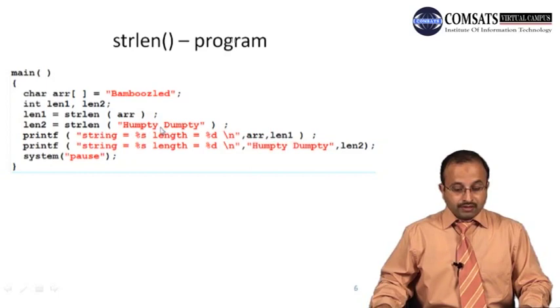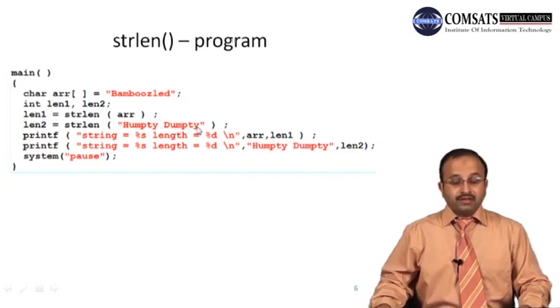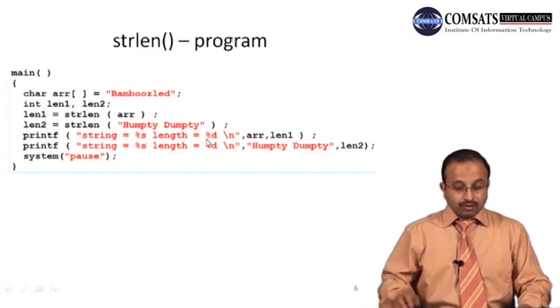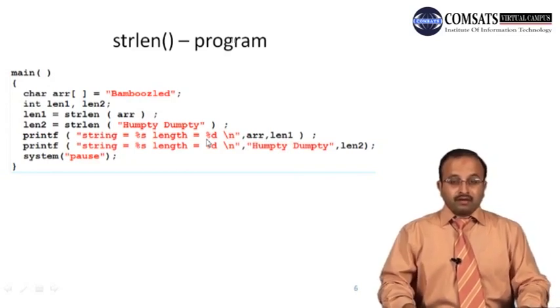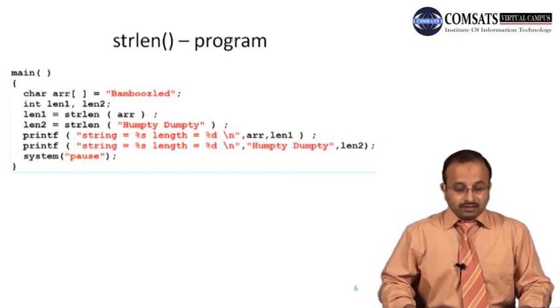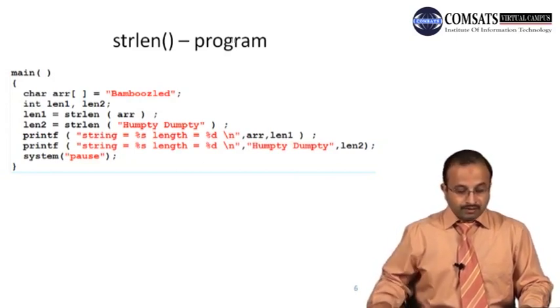This space is also a character. 8 9 10 11 12 13. So there are 13 characters in this string. So len2 contains 13. Now when you print the values, it will first print the string and then the length of the string. So the string length function counts the total number of characters in the string until it finds the null character, right?